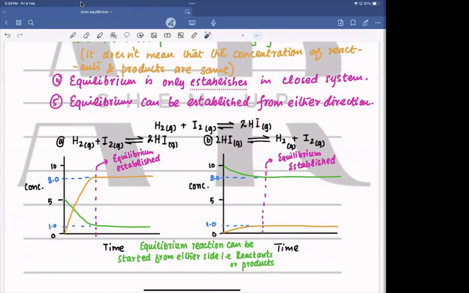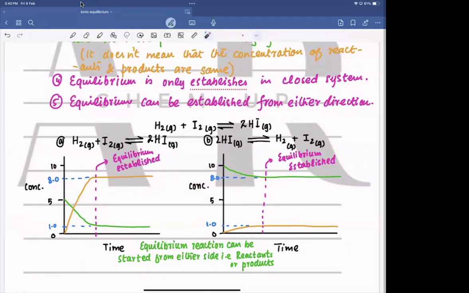But when we started the reaction with hydrogen iodide, again 8 moles of hydrogen iodide are there when the equilibrium establishes, and 1 mole of hydrogen and iodine are formed, and there will be no change. So see, if you use the same temperature conditions, then the ratio of the reactants and product always remains the same. It doesn't matter whether you started the reaction from the reactants or from the products. Is this clear to all of you?